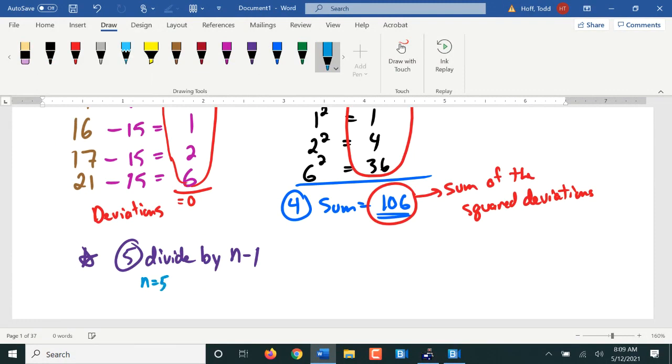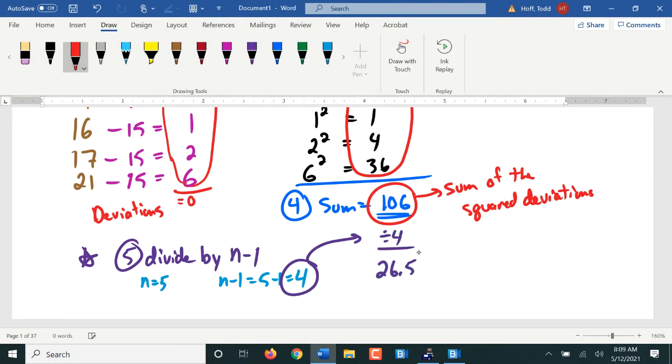Since n equals 5, because there's 5 numbers in the list, n minus 1 equals 5 minus 1, or 4. Divide by 4 to get 26.5. That number there is called the variance. First, the mean squared deviations.